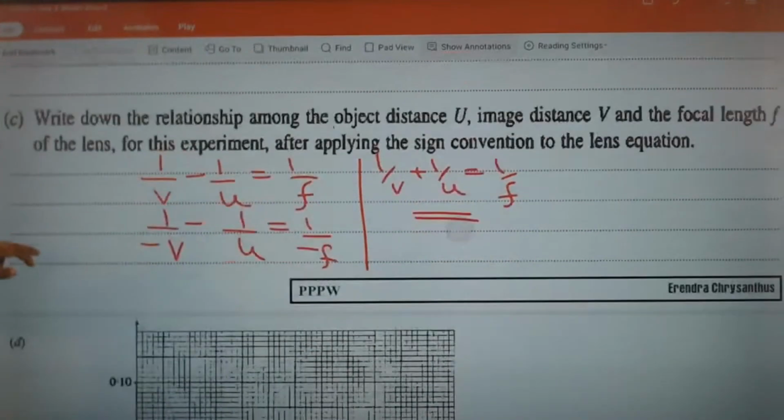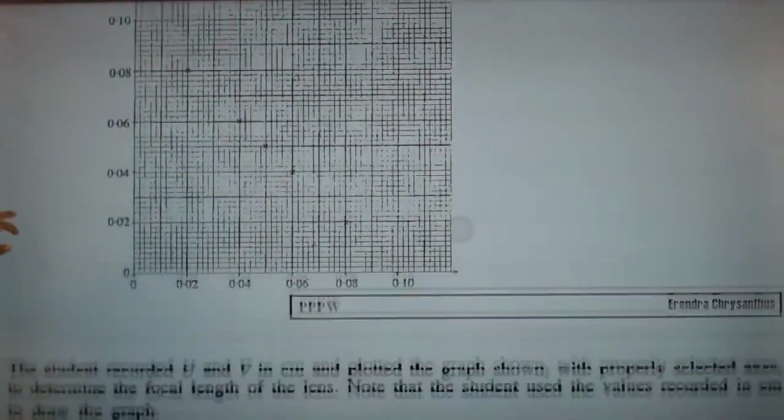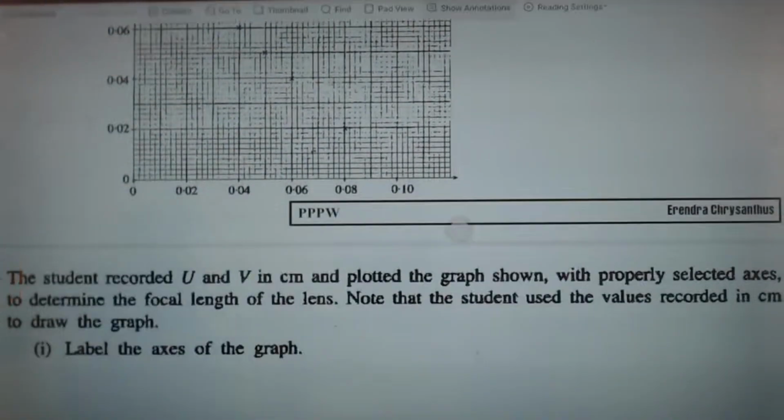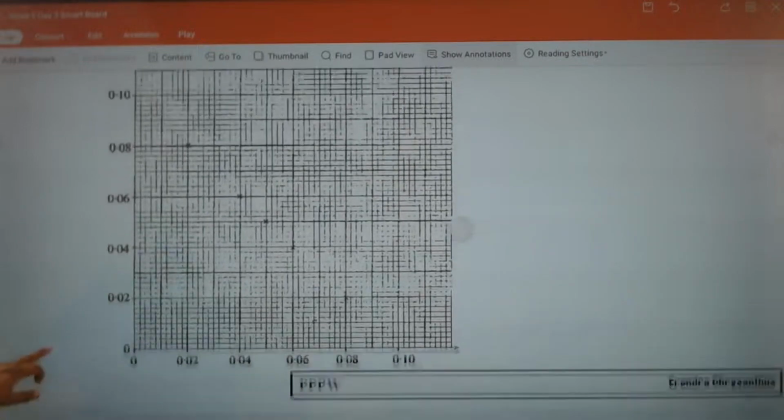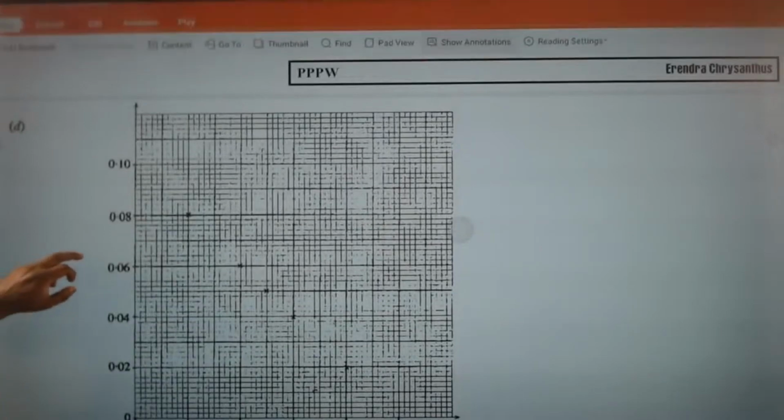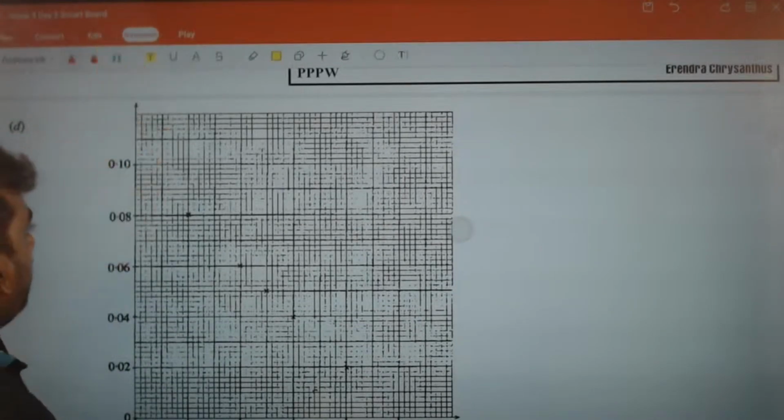Then what? A student recorded U and V in centimeters and plotted the graph shown. So actually you can keep a ruler and plot this graph here.